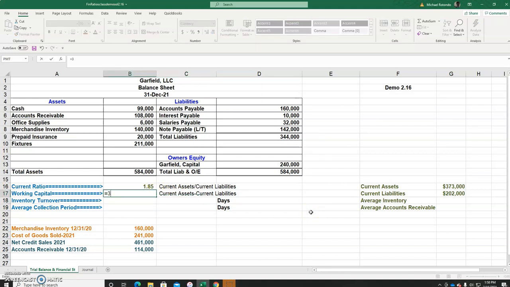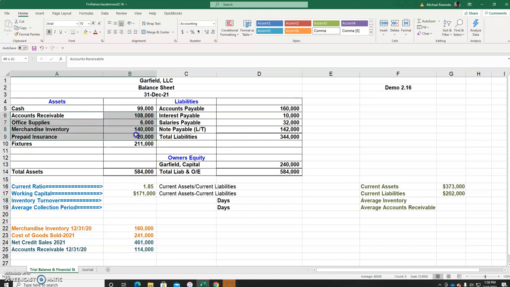It's 373,000 minus 202,000, which gives you 171,000. So if you had to turn these assets into cash, plus the cash you already have, you would have 171,000 to pay your current liabilities with.